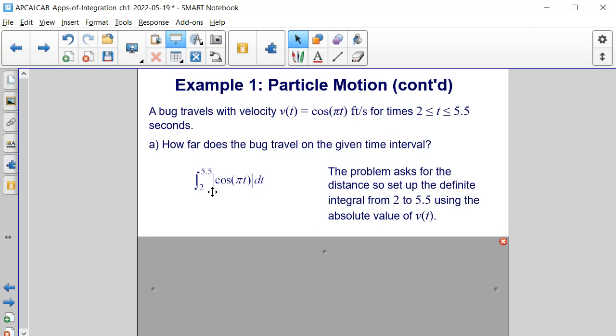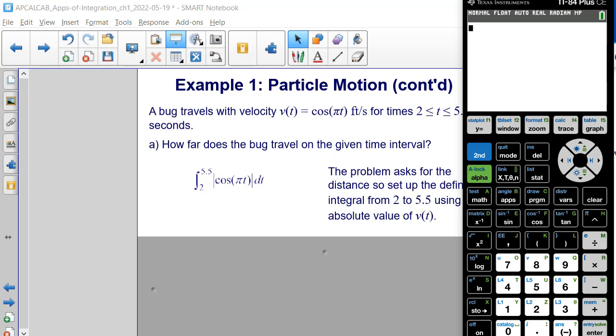So let's actually evaluate this integral on our calculator. So we have math, go to option 9 for integration, and we're going from 2 to 5.5. And now we have to put in our function inside of the absolute value, and that's found in our math options. Go to number, option 1, ABS means absolute value.